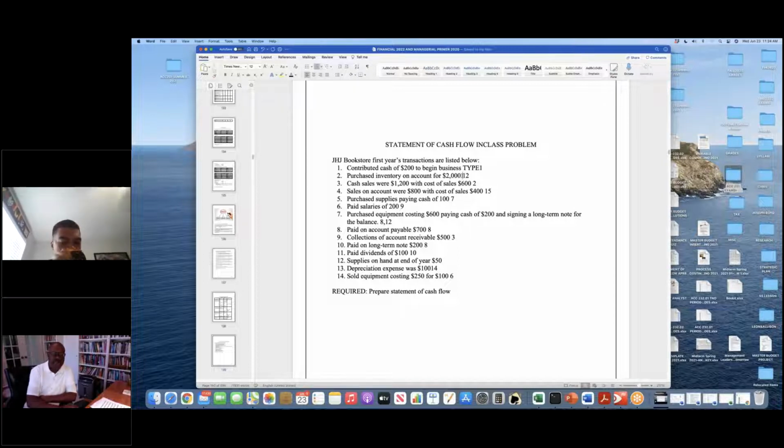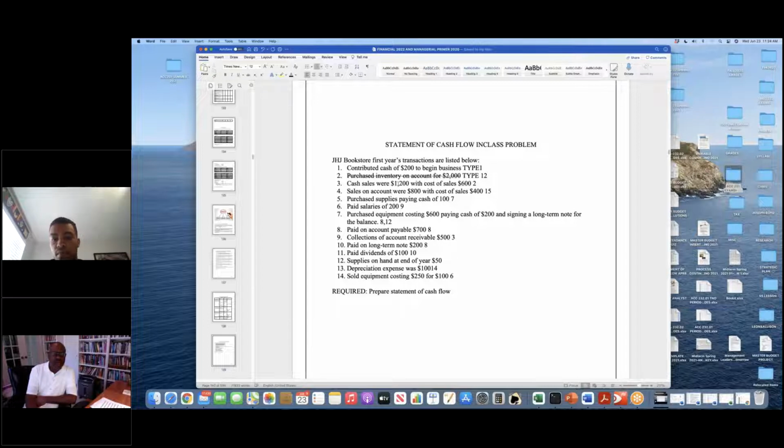Then when we have the inventory and we buy it on account, that is a type 12. So because it's not 1 through 11, we're going to scratch this transaction. It's not going to go on our statement of cash flow.